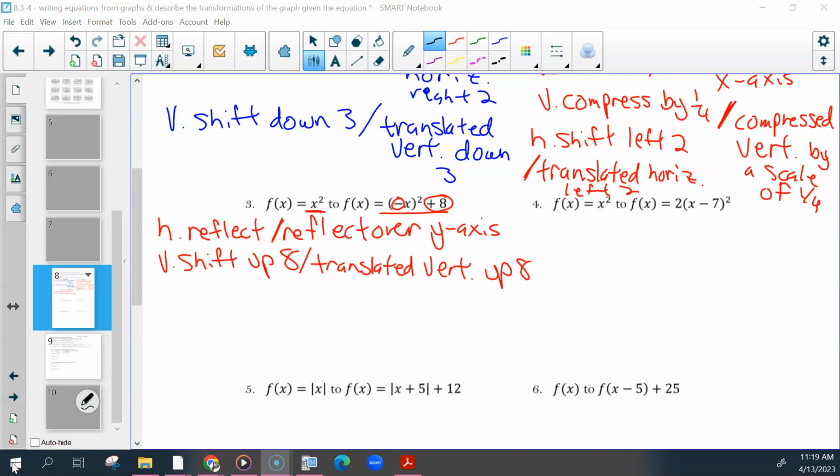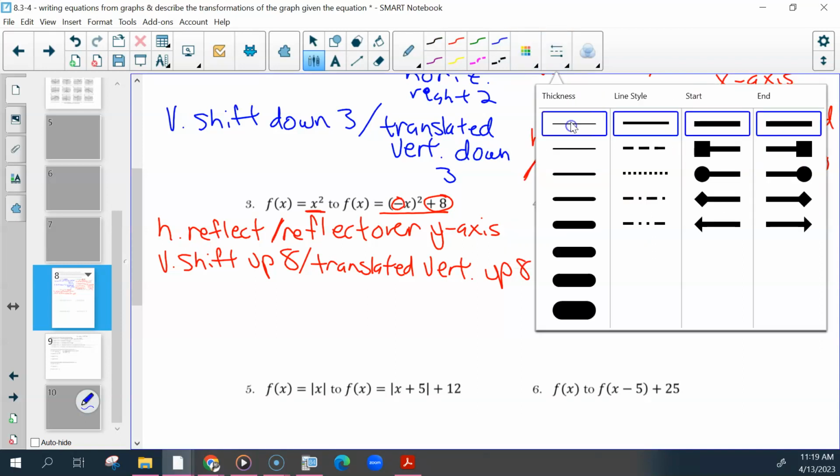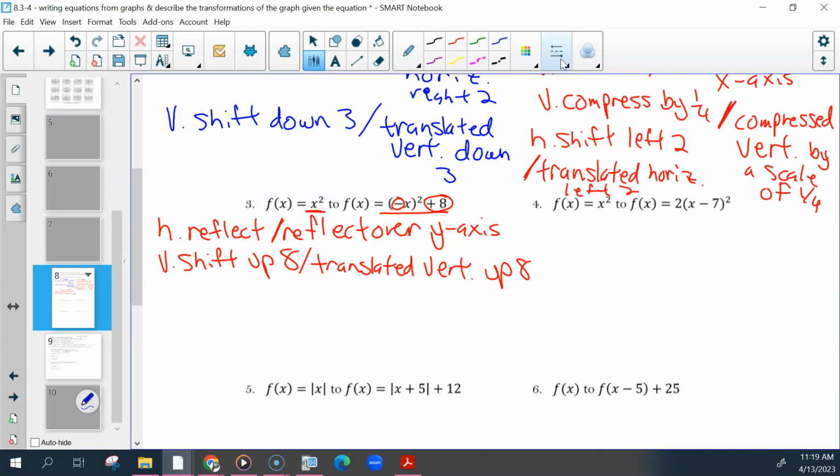So number 4. What changed from the original to this new function? What is different? What does this one have that the original did not?